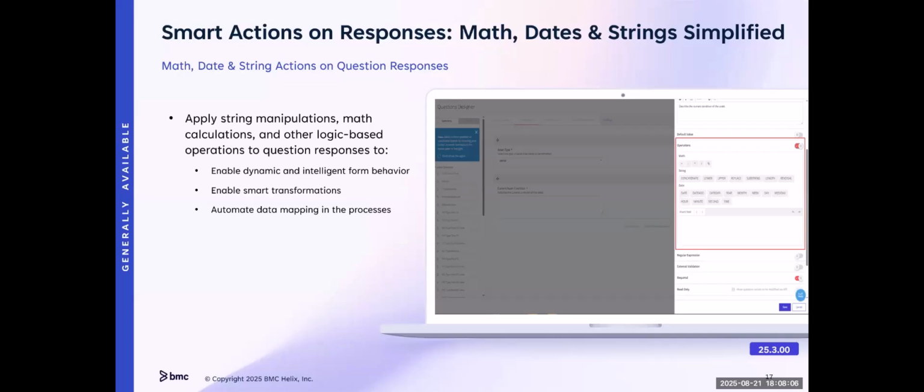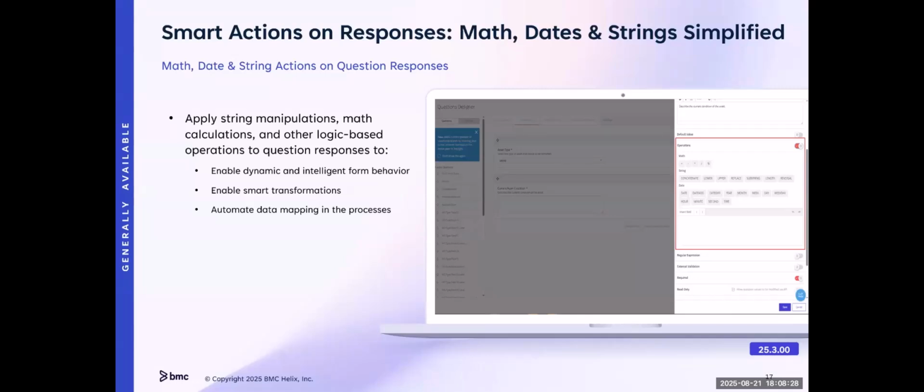Next, we have a smart action on question responses. So in DWP questionnaire, you had no way of doing string operations, math operations, or date and time operations on the question responses on the UI when the user was answering those questions, right?